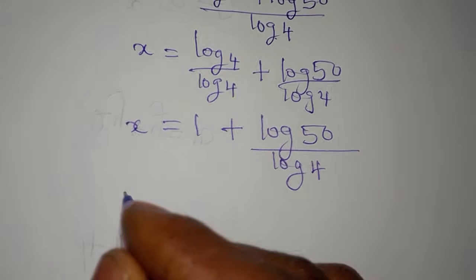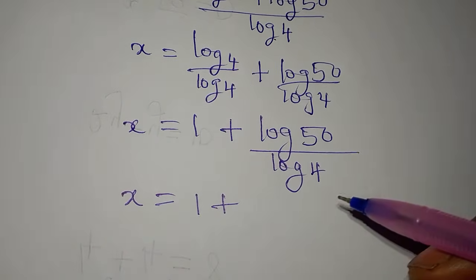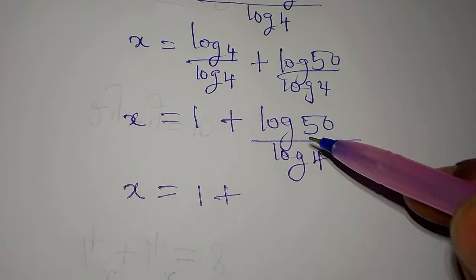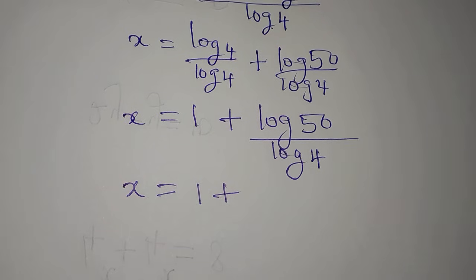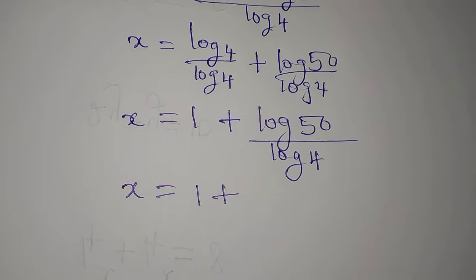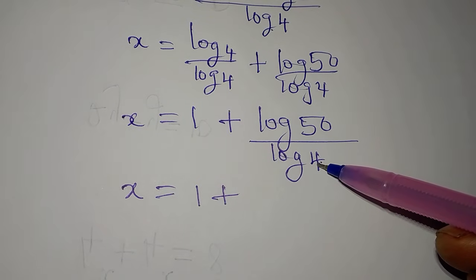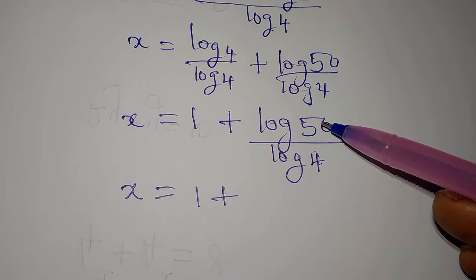What do I do? My x from here is equal to 1 plus, we can now apply what we call change of base. Because these two logs are having base 10, they should have the same base. We can now change the base from base 10 to base 4. So what we have here can become the log of 50.